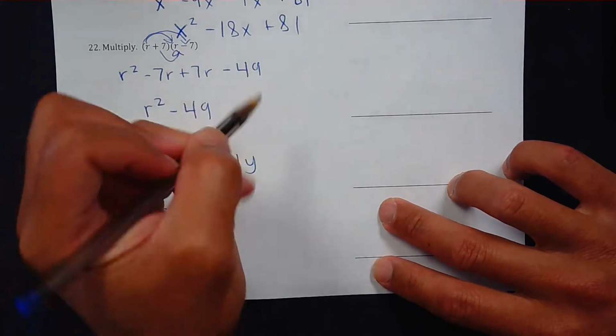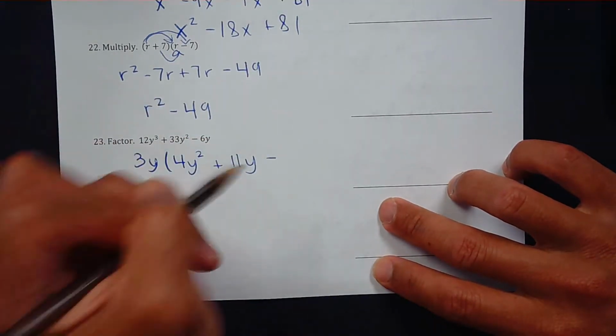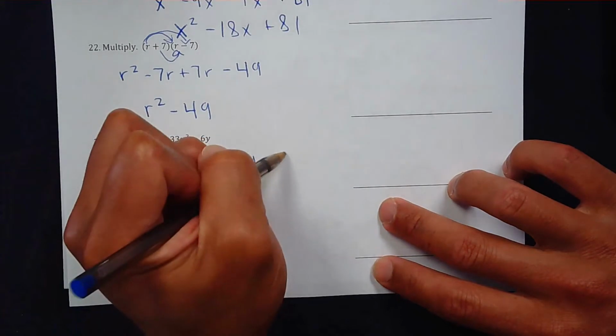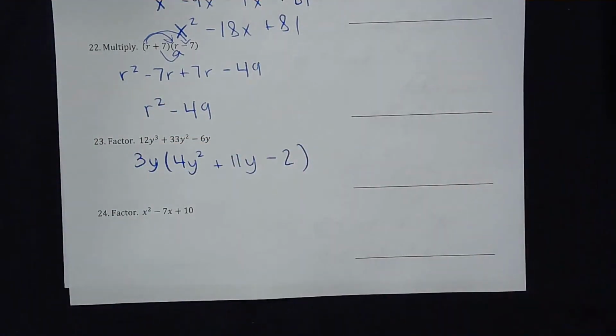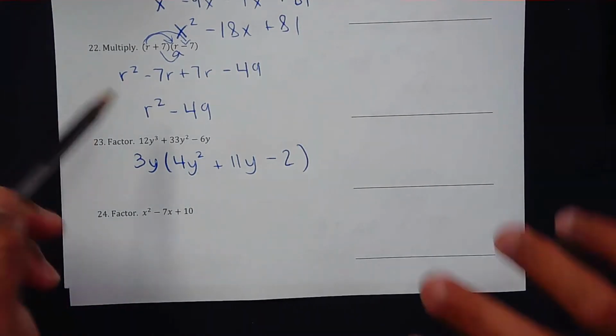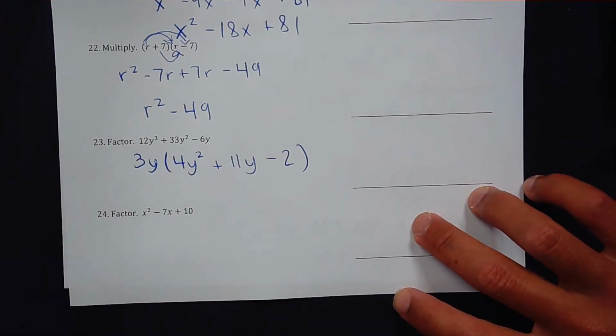And then 3y times negative 2 gets us negative 6y. All right, if we try to factor this any further using our x method, we can't. So that is the most we can factor it. We just leave it as is. That's our final answer.